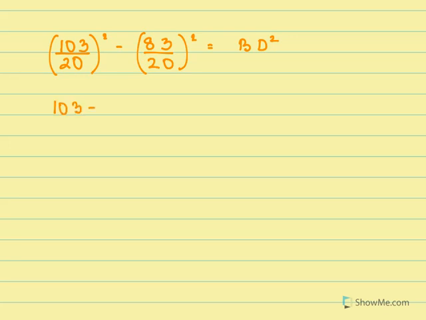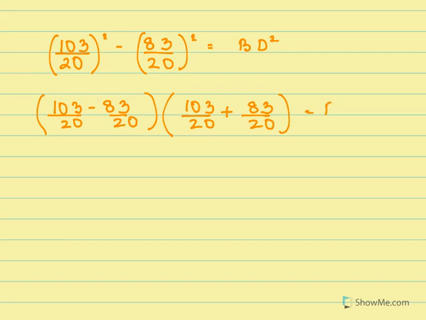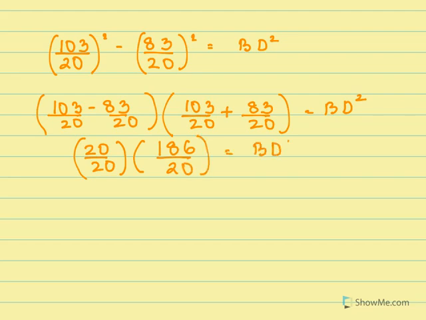So 103 minus 83, this is over 20, A minus B, into A plus B, 103 over 20 plus 83 over 20. This is BD square. When you subtract, this is 20 over 20, and this comes to 186 over 20 equal to BD square.